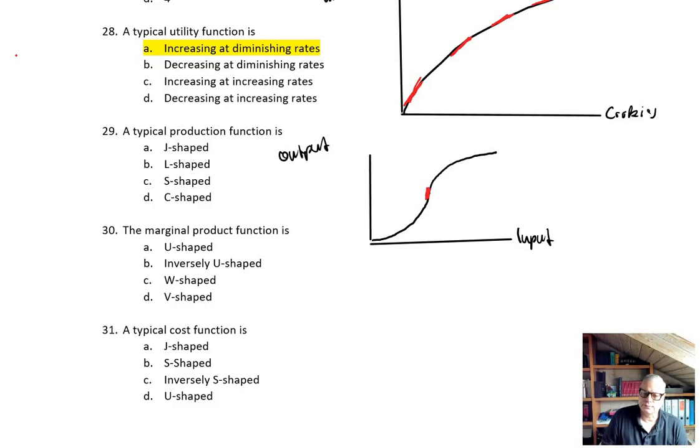So here up to this point, we have increasing returns to scale, and beginning from here, when the marginal output becomes flatter and flatter, we have decreasing returns.